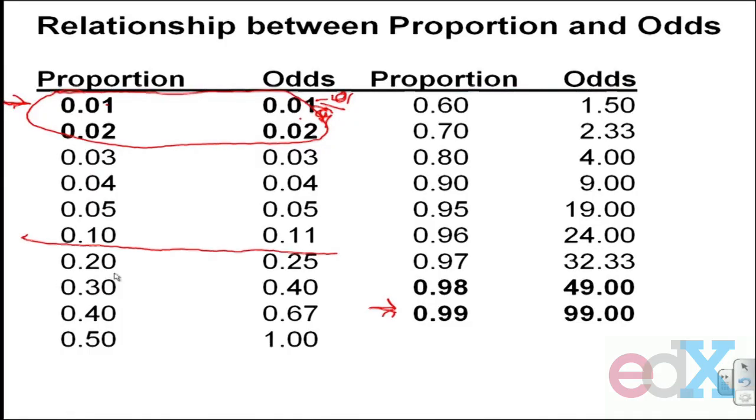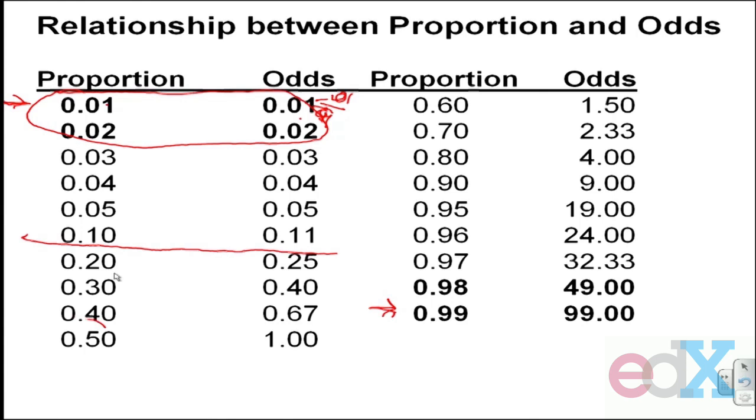But after the proportion starts increasing beyond 10%, the value for the odds not only increases, but differs. So notice, when the proportion is 50%, the odds is 50% divided by 50%, which is now 1.0. If the proportion is 90%, the corresponding odds are 90% divided by 10%, and 90 divided by 10 gives you an odds of 9.